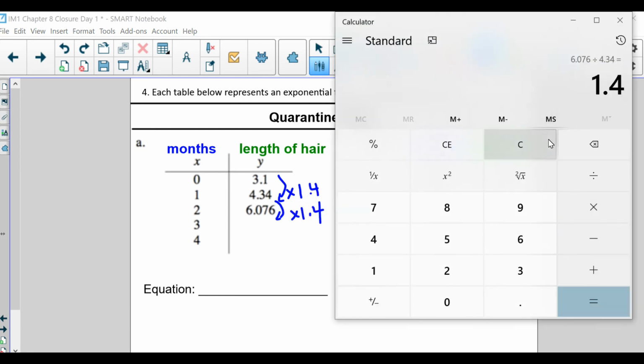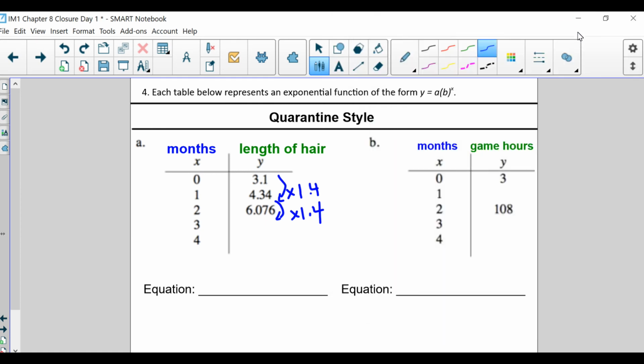And then once again, let's go ahead and use that model where we go, what do we have here? Times 1.4, okay. So we get 8 and 5,064, okay, 8 and 5,064.